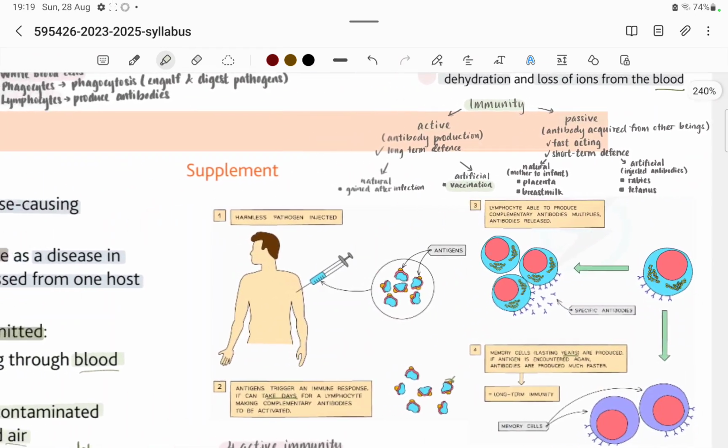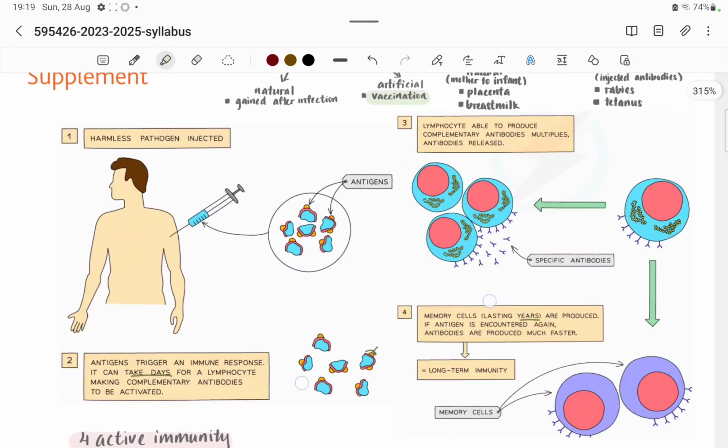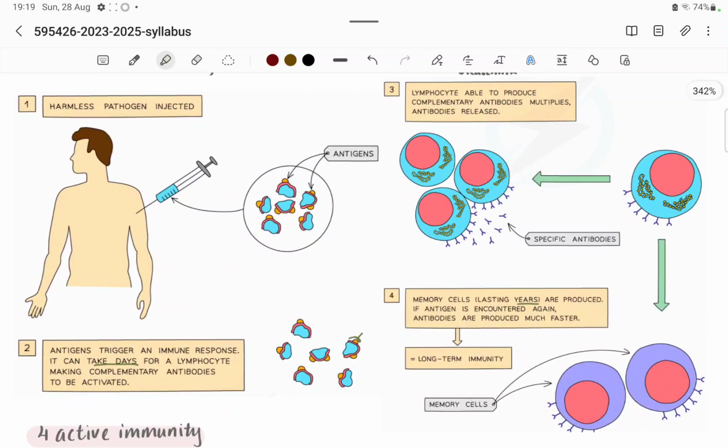Okay, so this one is the process for vaccination. Harmless pathogen is injected into your body with the antigens, and then the antigens will trigger the immune response. You have to produce the antibody by yourself, so it might take days for lymphocytes to produce complementary antibodies.